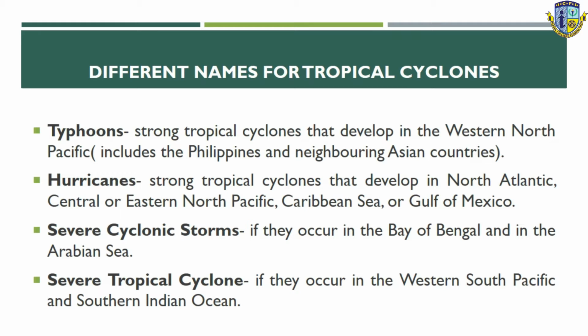Hurricanes are strong tropical cyclones that develop in the North Atlantic, Central or Eastern North Pacific, Caribbean Sea or Gulf of Mexico. Severe cyclonic storms are those that occur in the Bay of Bengal and in the Arabian Sea. Severe tropical cyclones are those that occur in the western South Pacific and southern Indian Ocean.